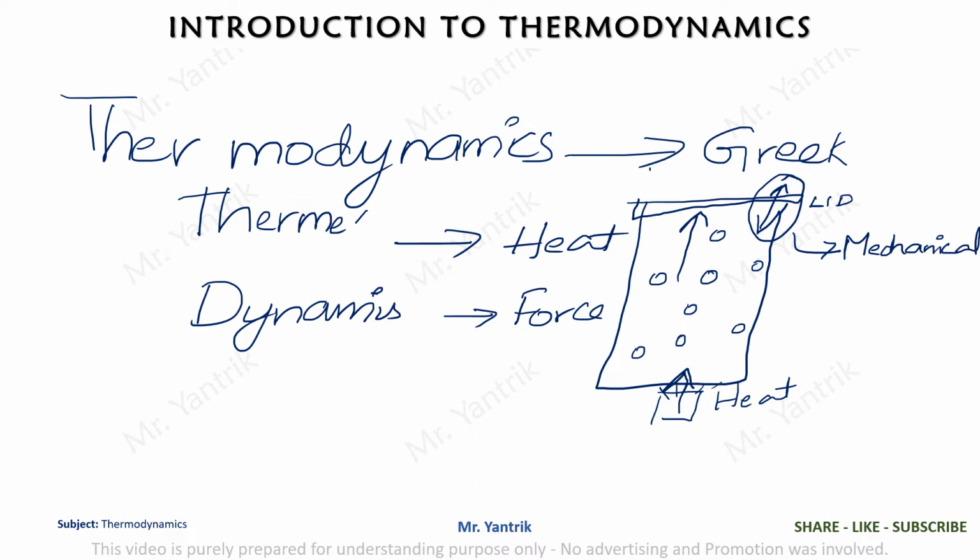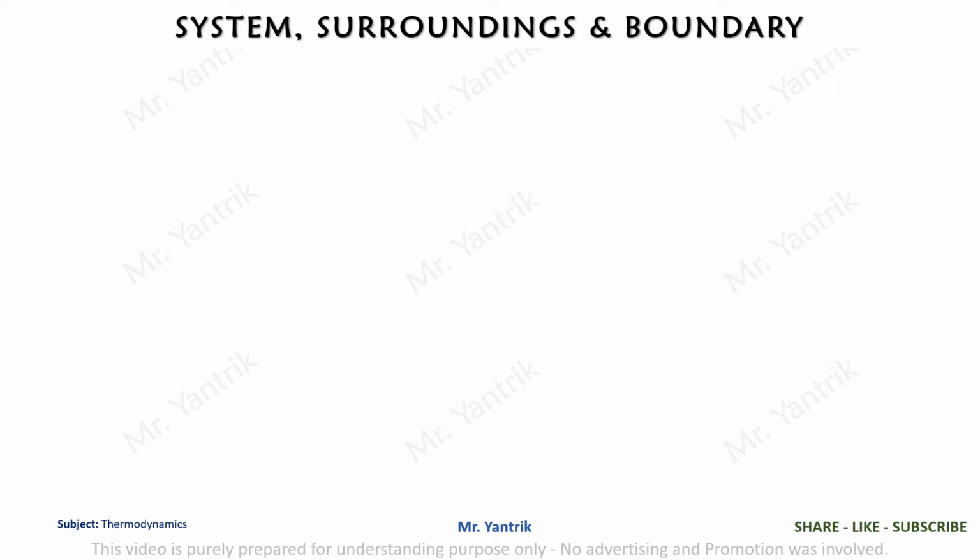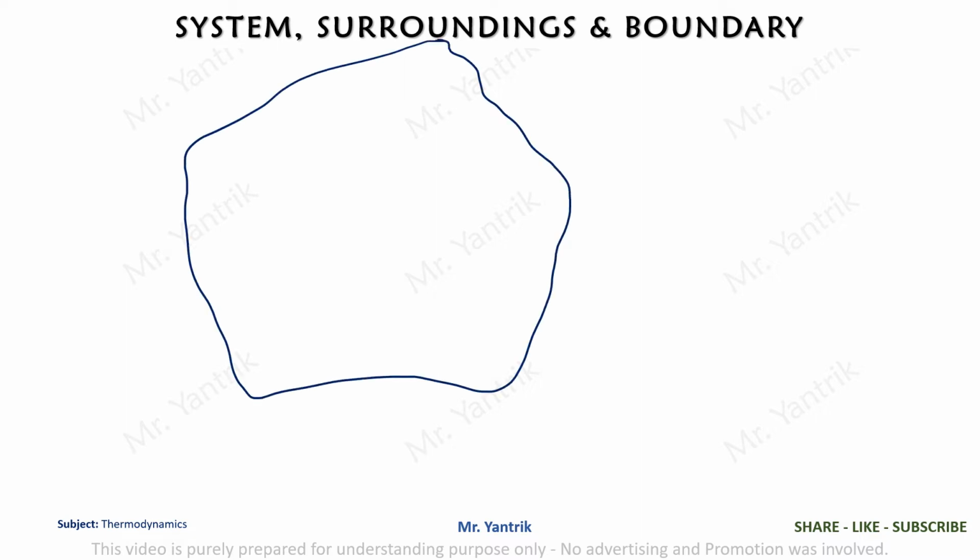So next, what is system? In the next step, we'll understand what is system, what is surroundings, and what is boundary. For example, any region of space is taken into consideration. This is the region of space that we have taken, and this region of space is called system. Sir, then what is system? System is a space or collection of matter on which we focus our attention.